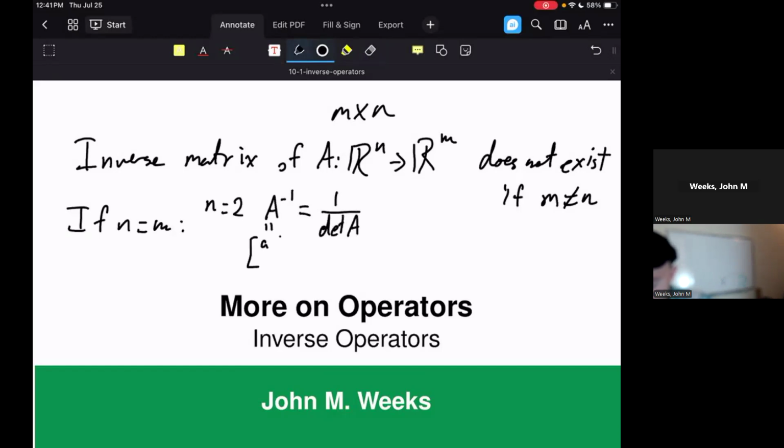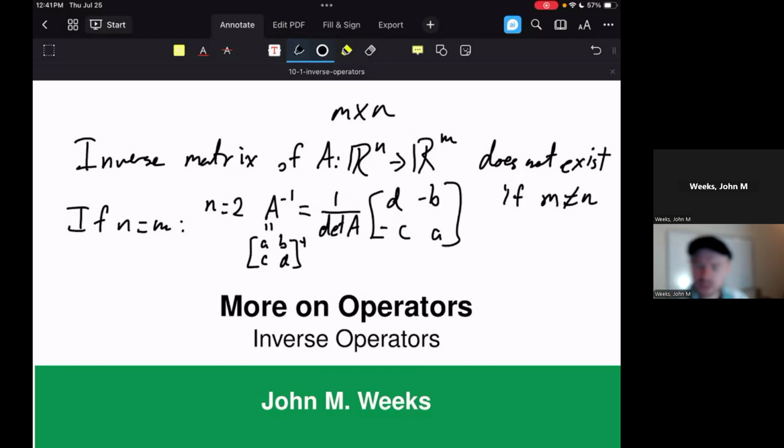And if we said that this matrix was of the form A, B, C, D, then this is times the matrix D, negative B, negative C, and A. And the way that this inverse matrix operated was that if you multiplied the matrix A on either side by the matrix A inverse, just one side at a time, so like A inverse A or A times A inverse, then what you would get back is a special type of matrix known as the identity matrix.